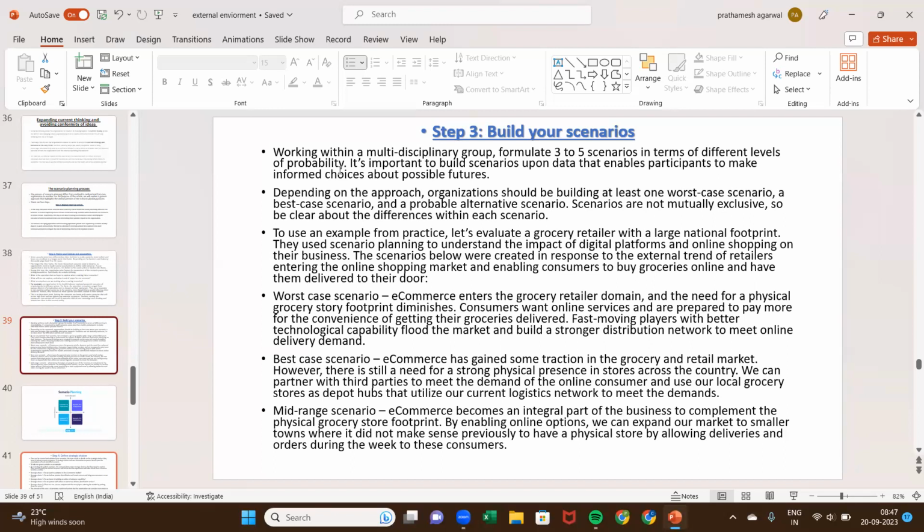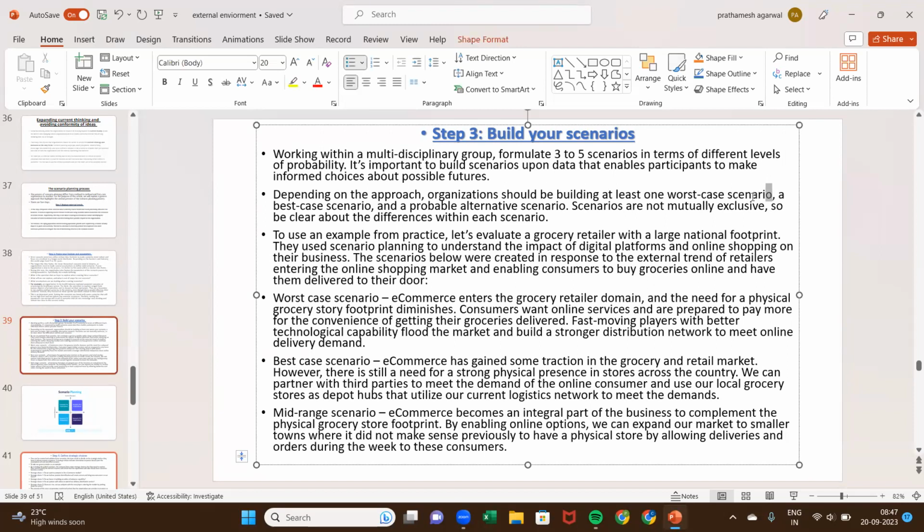It is important to build scenarios upon data that enables participants to make informed choices about possible futures. What can be the future outcomes? Depending on the approach, organizations should be building at least one worst case scenario. You know, the FBI in USA works according to worst case scenarios.